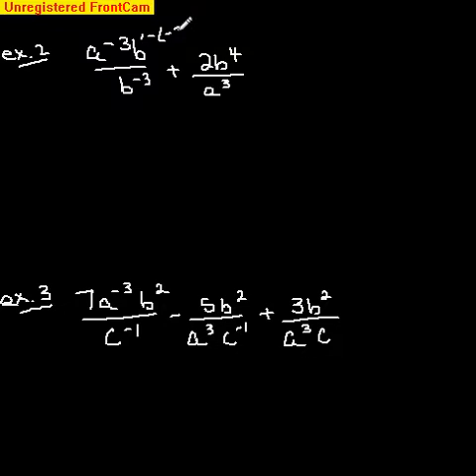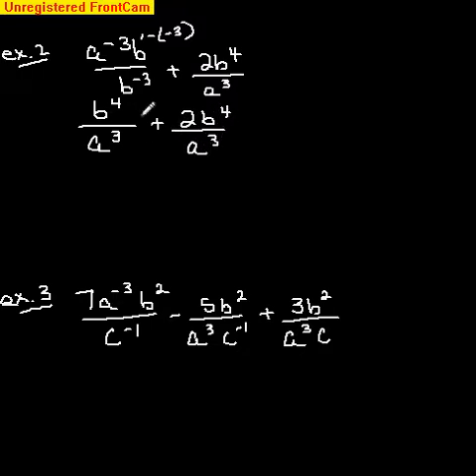Remember we did this last week? And we're going to bring a to the negative 3 to the denominator. So we're going to get a cubed in the denominator, and b, 1 minus a negative 3 is going to be 4. Plus, now this one they're all positive, so we don't have to move anything. So we have 2 b to the fourth over a to the third.